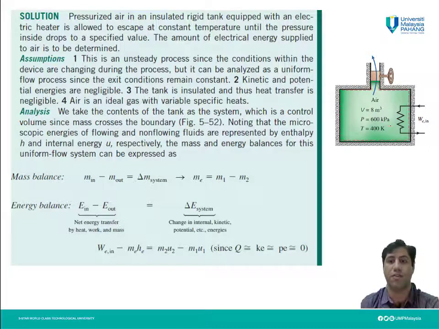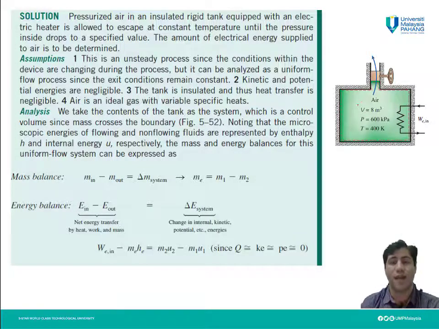We don't have a steady flow to the tank and going out from the tank. We have only one output for this tank. Generally, when we have only one tank and we don't have a flow coming into the system and going out from the system, we have an unsteady flow process.